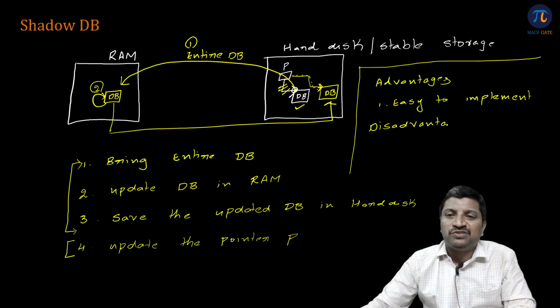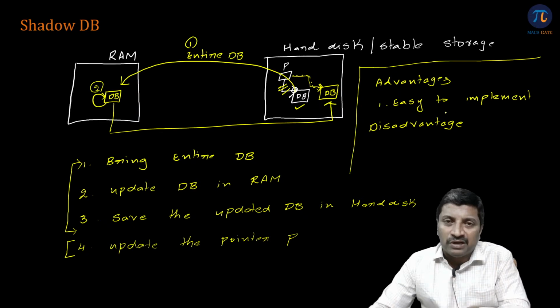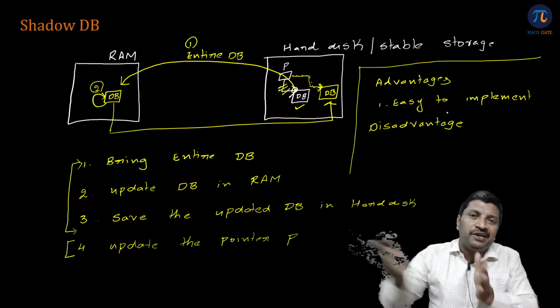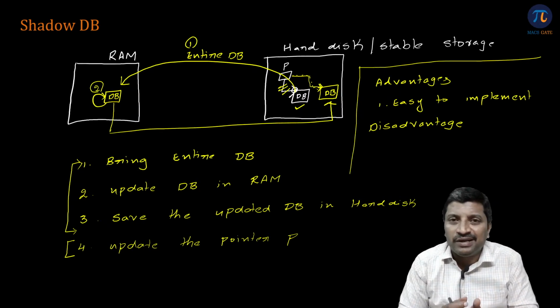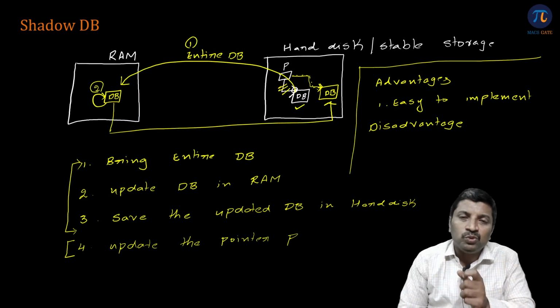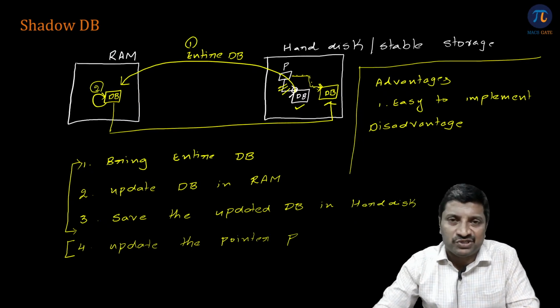Suppose the database is very large. Every time I want to do a small transaction in a particular relation, I want to bring the entire database. Why bring the entire database, sir? Suppose I want to modify some data about Tamil Nadu Express. To do that transaction, I need to bring the entire database of the railway reservation system.